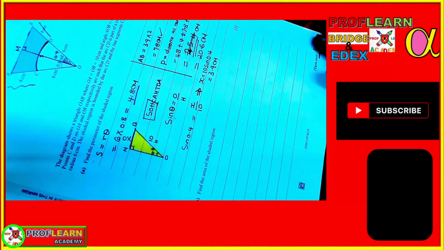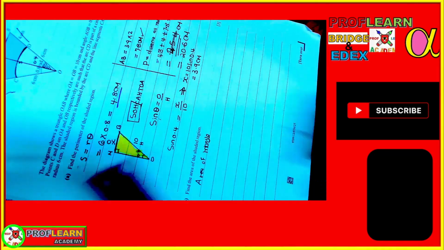Now I think the next thing I need to do is to work out the area of the shaded region. For us to find the area of the shaded region, first we find the area of the entire triangle. That is the first thing we are going to do.